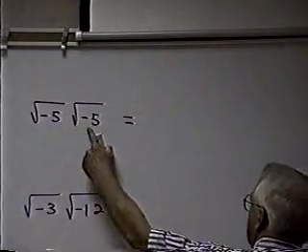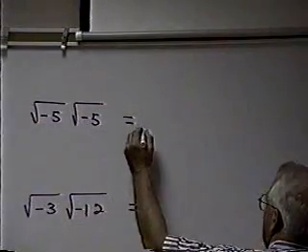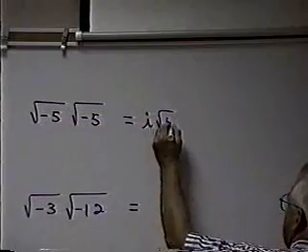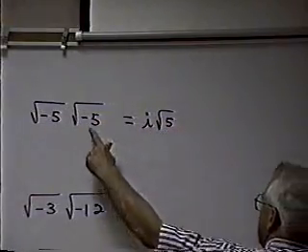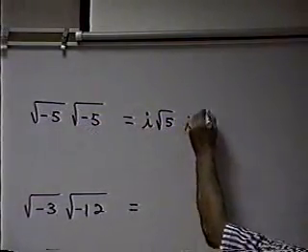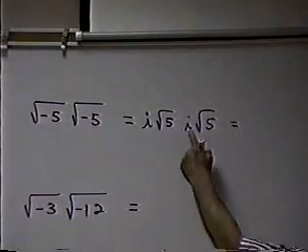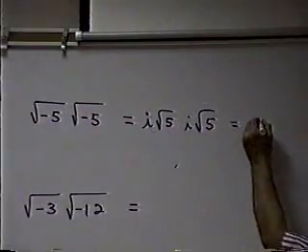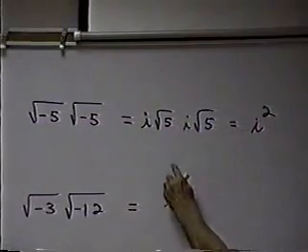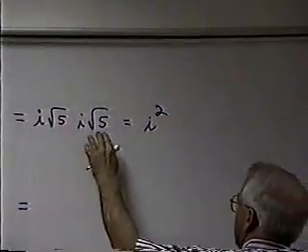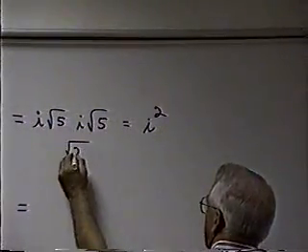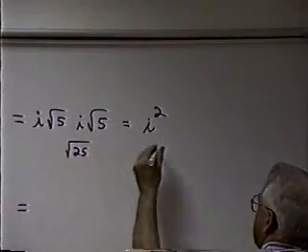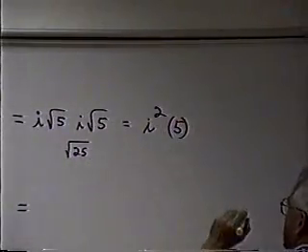What we must do with the square root of minus 5 is change it to i times the square root of 5. And this one is i times the square root of 5. So we get i squared. And now what is the square root of 5 times the square root of 5? It's the square root of 25. Square root of 25 is 5. So we get 5.